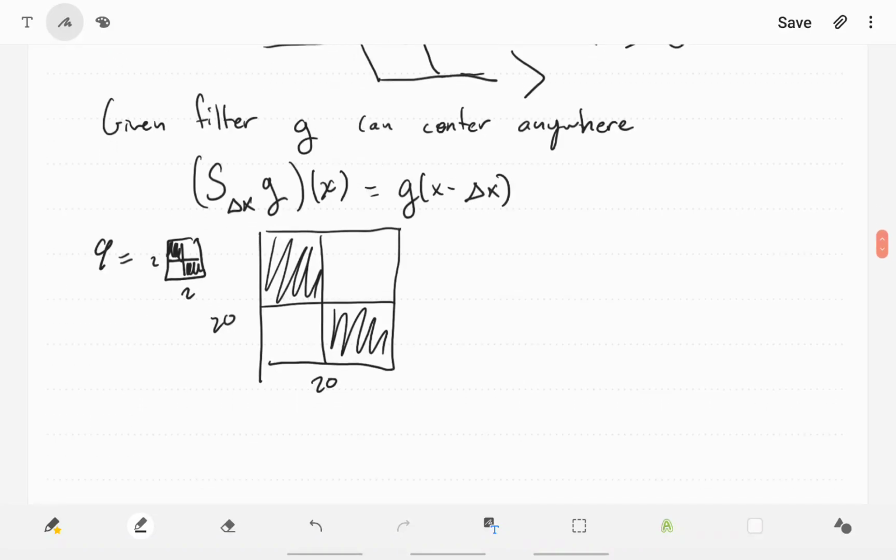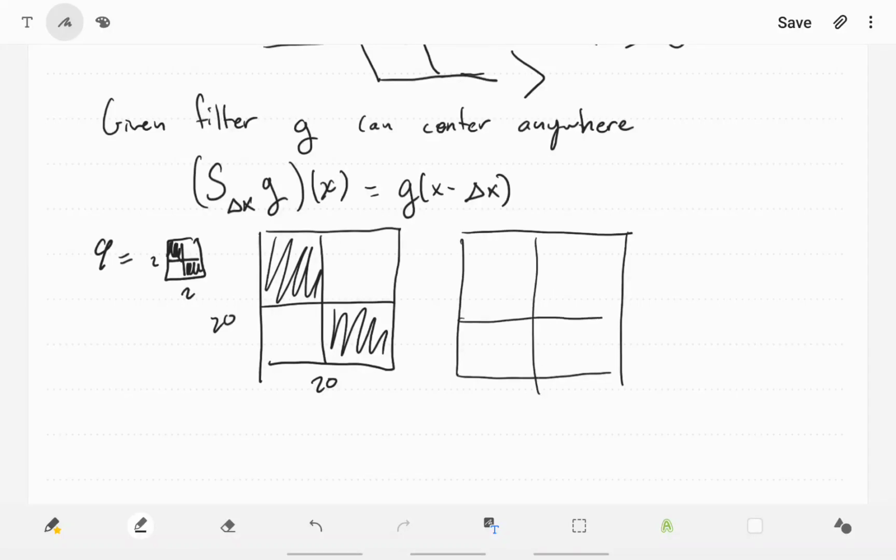So for example, if we didn't apply any shift, then the first inner product that we would do would be placing the filter up here, where delta x is equal to 0, 0.